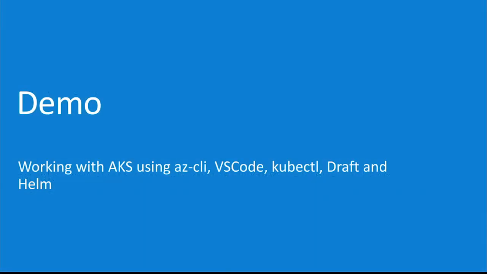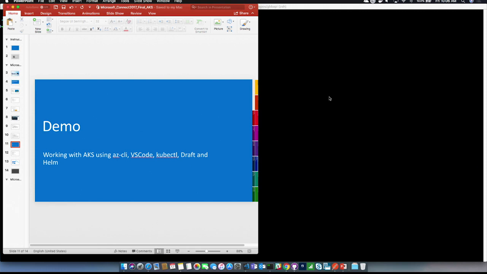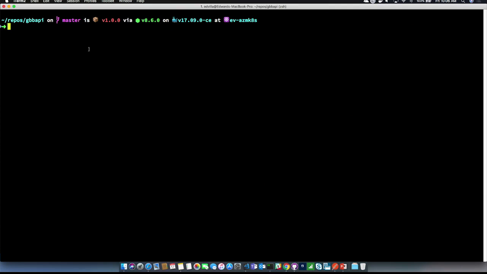In this demo, I really want to go through the process from start to finish, and then I'll have a finished cluster, and we'll talk through an example workload that I deployed to my cluster. All right, so here I'm at my command line, and I have my Azure CLI already upgraded.